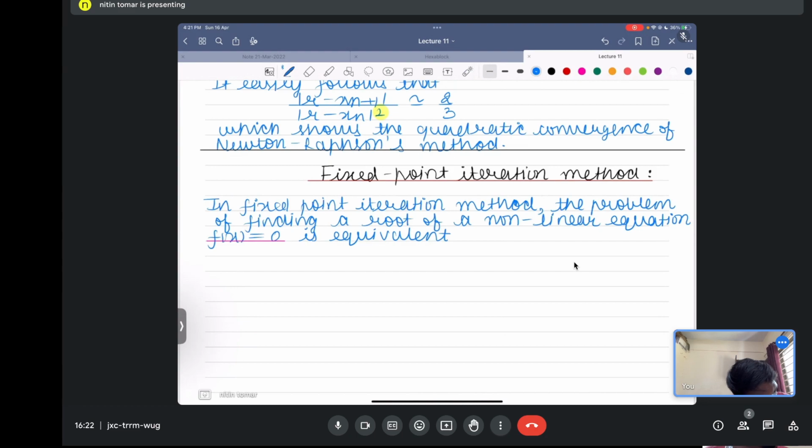What is a fixed point? A point is said to be a fixed point if f(x) is equal to x.